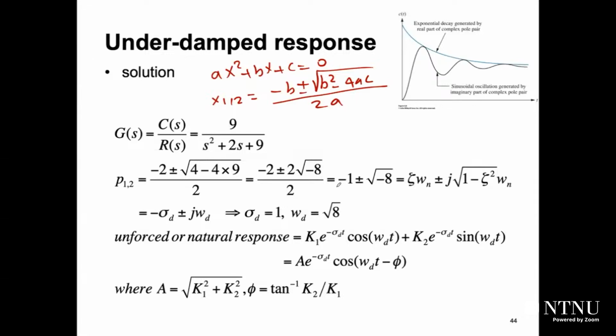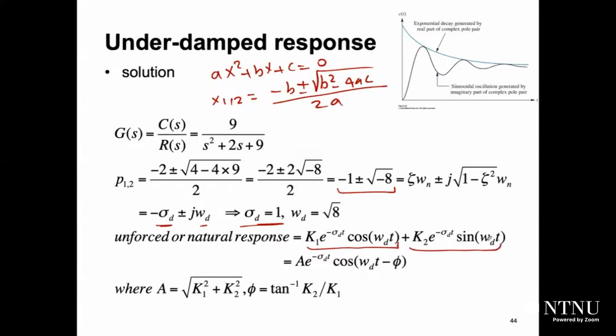So the poles will be minus zeta omega n plus or minus j omega n times the square root of 1 minus zeta squared. So there is a real part and an imaginary part: the real part will be 1, the imaginary part will be the square root of 8. The unforced component will include, when we use the inverse Laplace transform, cosine and sine parts, from the table.